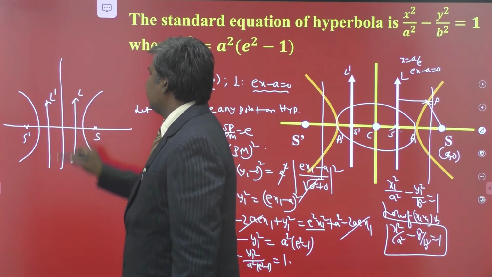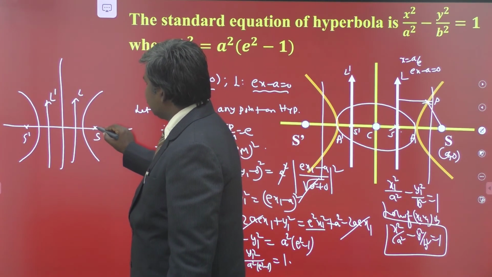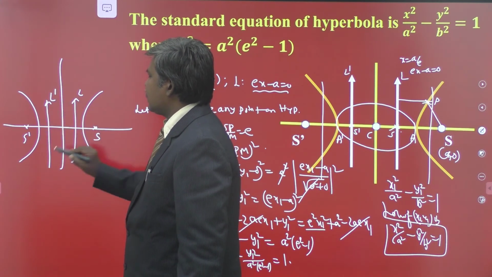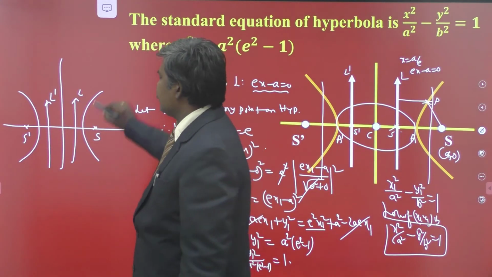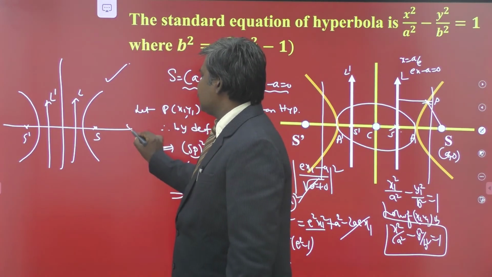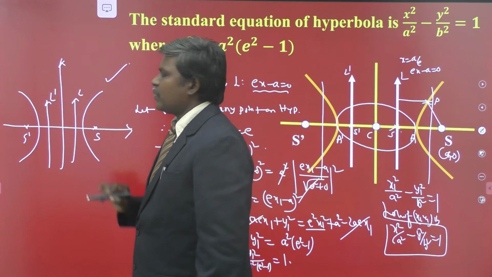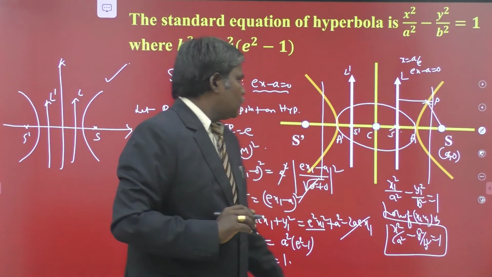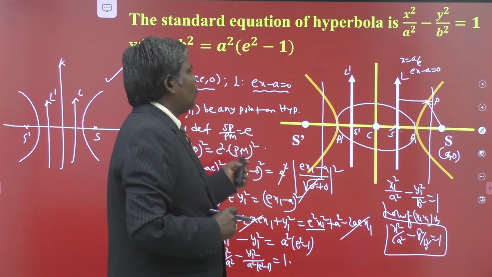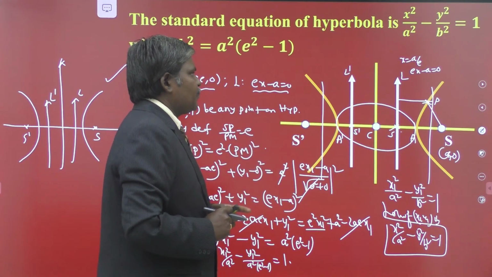This is L, it must be L dash. So this is a focus, its corresponding directrix is L. This is another focus, its corresponding directrix is L dash. So this is the standard equation of the hyperbola. This is your x-axis, this is y-axis. Right, so let us try to do the properties of the standard equation of hyperbola.